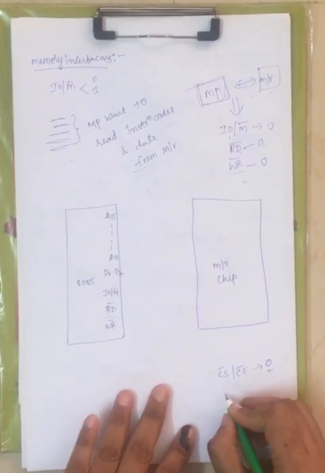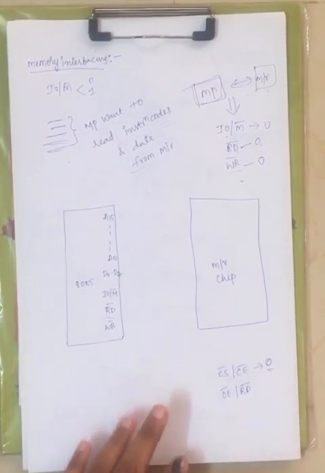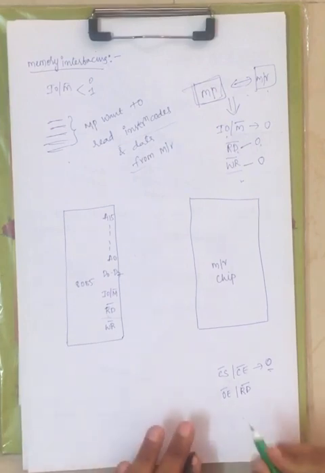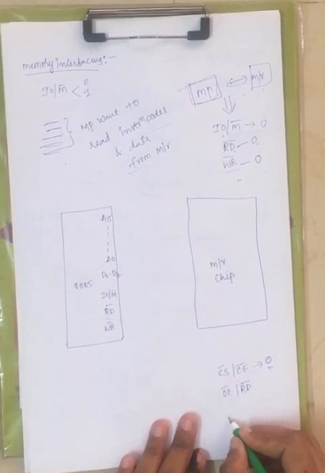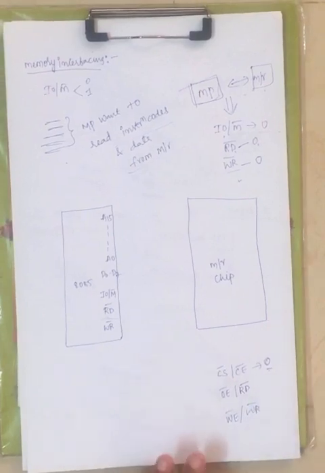Similarly, you have output enable or read signal, same as in your 8085 operation, only for reading the data. Next you have write enable or write signal, which is used for writing the data.